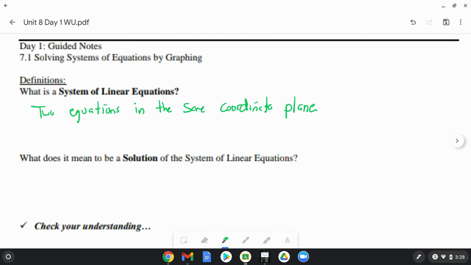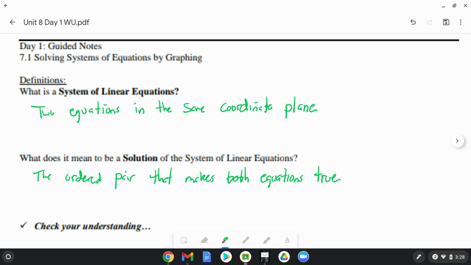So what does it mean to be a solution? This is the ordered pair that makes both equations true. So if you were to plug in the ordered pair x and y, it will make the top equation true and the bottom equation true.